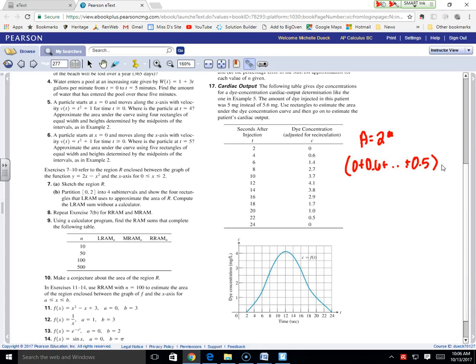And you're not plugging into a function because these are the values. You know the x's and the change in x is 2, but you're able to get the y's because they're listed out in the table. It was a little weird that they didn't actually state left or right or midpoint. I think they were just assuming that you would choose one. The left ends up being the same as the right, and the midpoint is impossible.